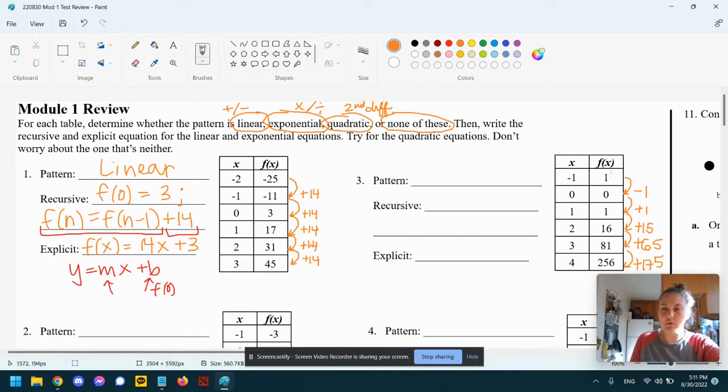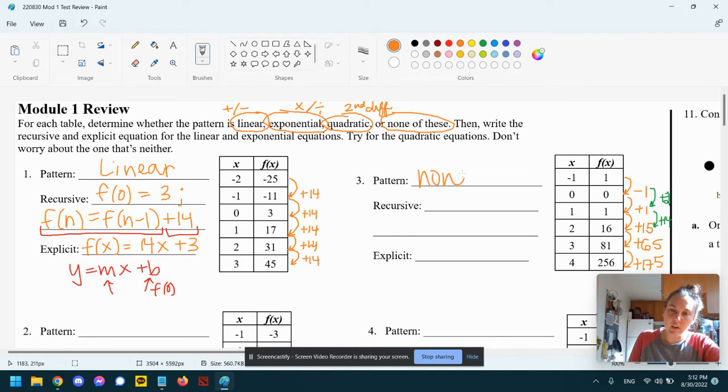Let's check exponential. 1 times 0 is 0. 0 times 0 is not 1. So we know it's not exponential because they're not multiplying by the same thing. All right, let's check the second difference. From negative 1 to positive 1 is plus 2. From positive 1 to positive 15 is plus 14. Already now we know that it's not quadratic because the second difference isn't the same.